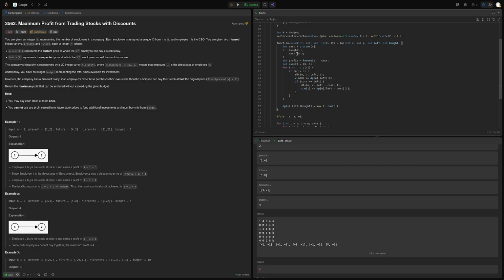Because, okay, let's say that I don't even have the budget for this. So we do this, and then what? Well, cost less than left, right? And if cost is less than left, then dp v left bought is max dp v left bought, and finally plus profit.